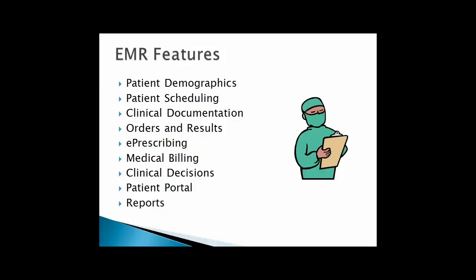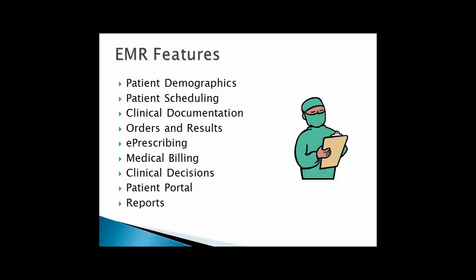When you place an order, the order goes to either a lab or to a radiologist, or it prints out, or it's a referral, but it all happens behind the scenes. Likewise, if it's a lab, usually it's a two-way interface, so the results come back into the EMR, and they're there, and it's finalized.